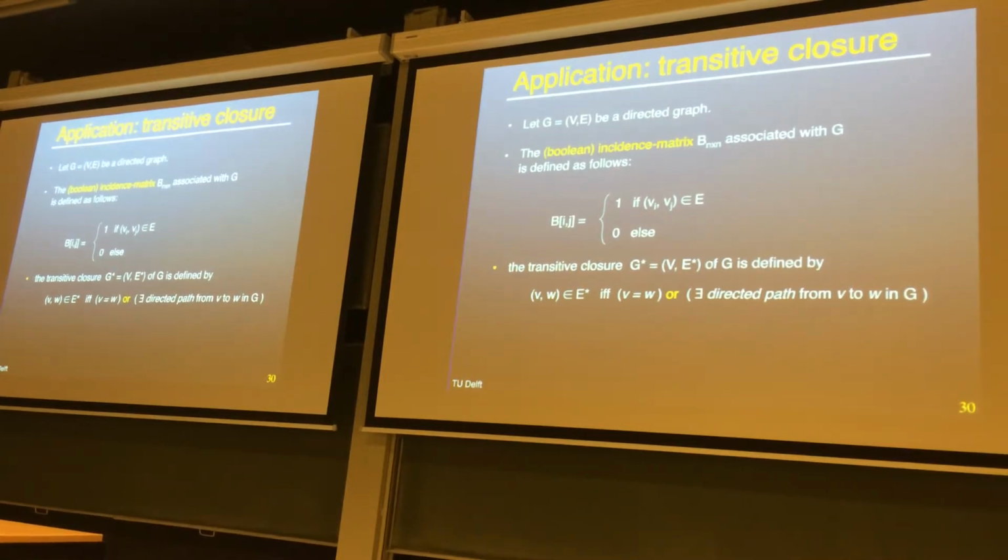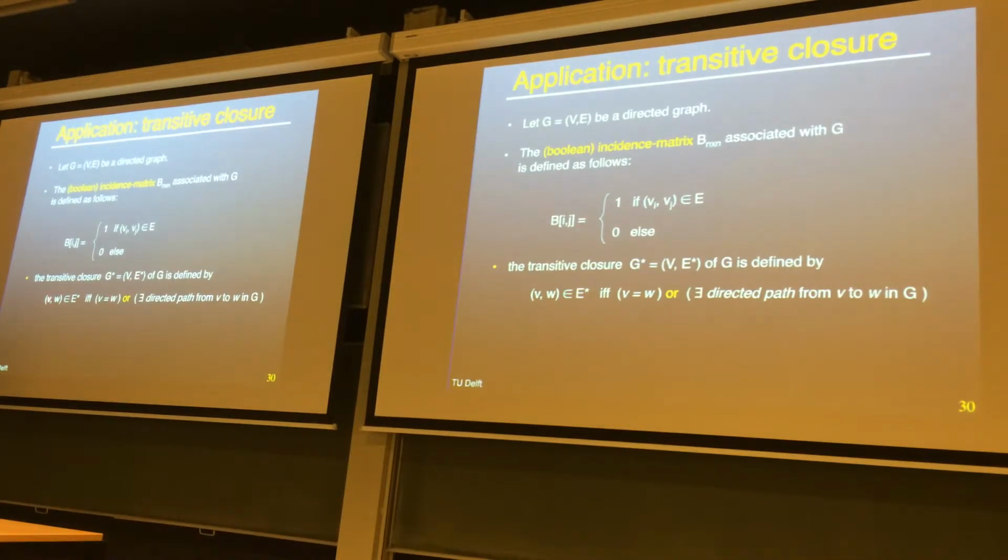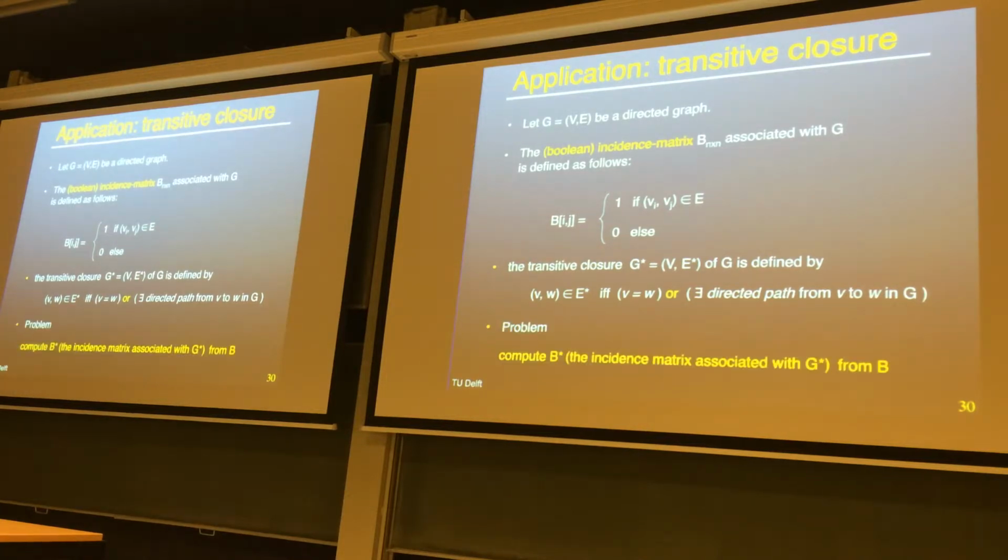Now the transitive closure of such a graph, usually denoted by G star, is (V, E star), defined as follows. An edge (V, W) is an element of E star if either V is equal to W, so you can obtain W directly from V, or there is a directed path from V to W in G. So I can follow the edges of my original graph.